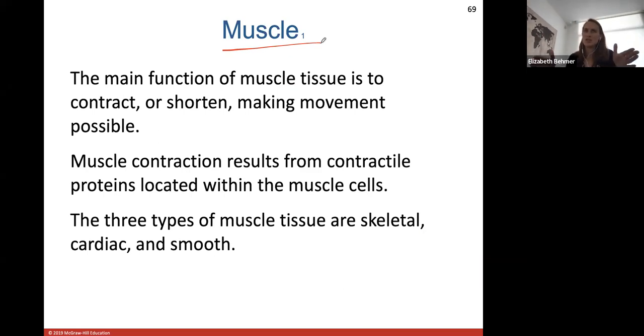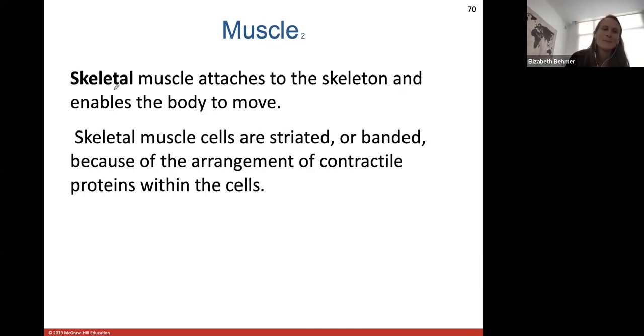So when muscle tissue contracts or shortens, it pulls on a part of the body to help move it or squeeze something through an organ, like an intestine, for example. Muscle contraction results from contractile proteins located within muscle cells. And you have 3 types of muscle tissue: skeletal, cardiac, and smooth. You should know these 3 types of muscle tissue.